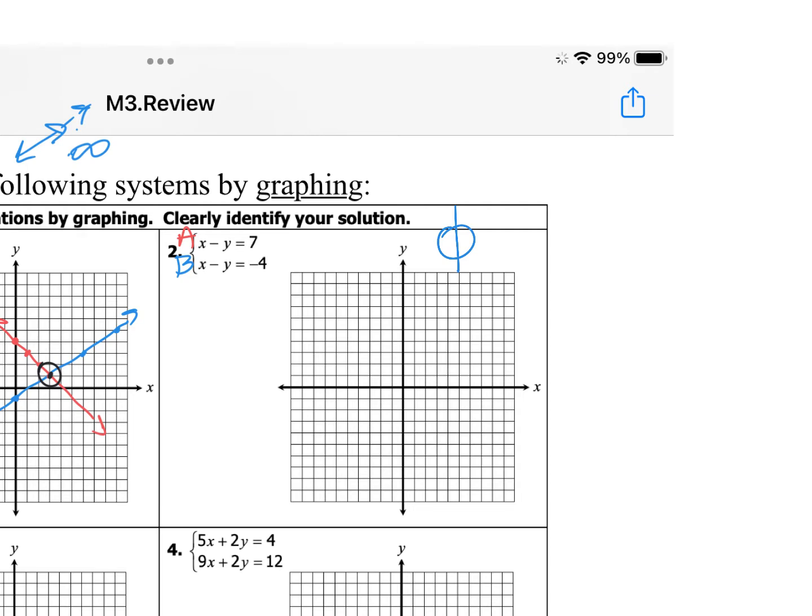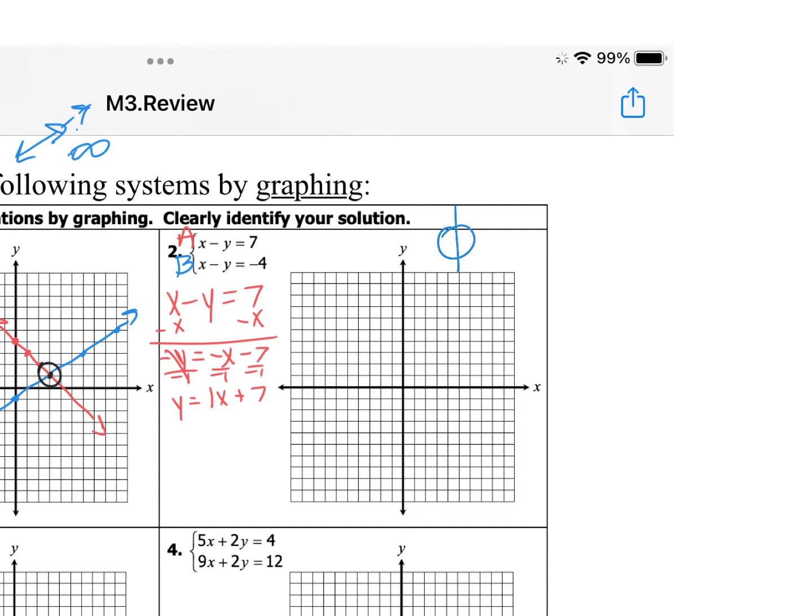Watch. All right, so for A, x minus y equals 7. Subtract x. -y equals -x minus 7. Divide by -1. y equals 1x plus 7.